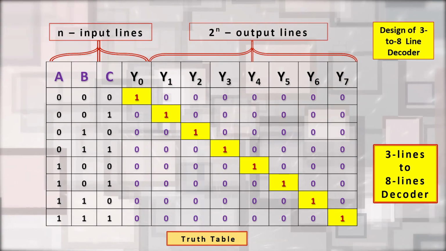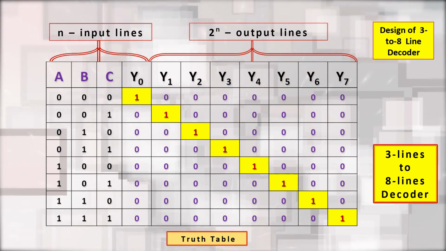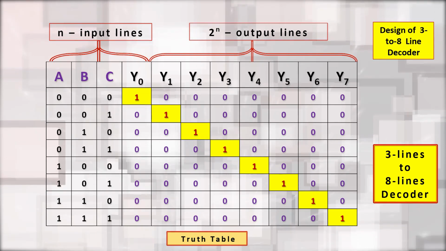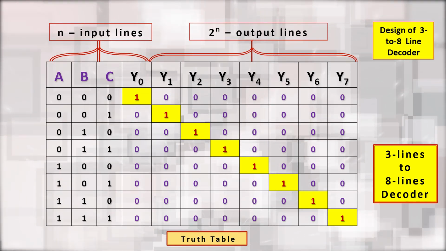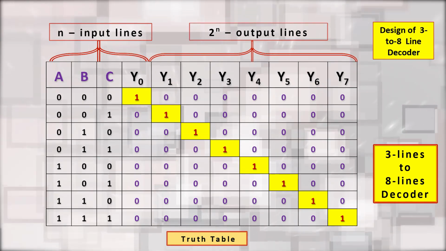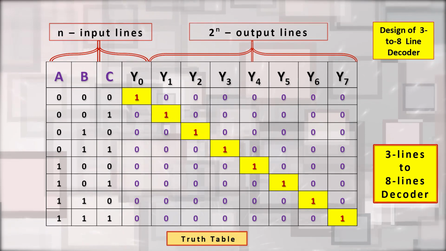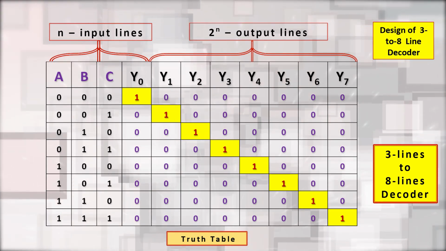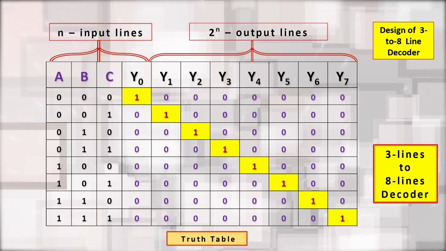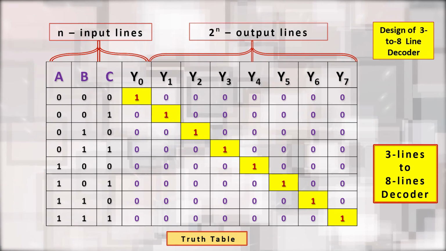For the input 001, the output Y1 will be set to 1 and all other outputs will be at logic 0. Then next, when A is 0, B is 1 and C is 0, that time Y2 will be at logic high and all other outputs will be at logic 0.